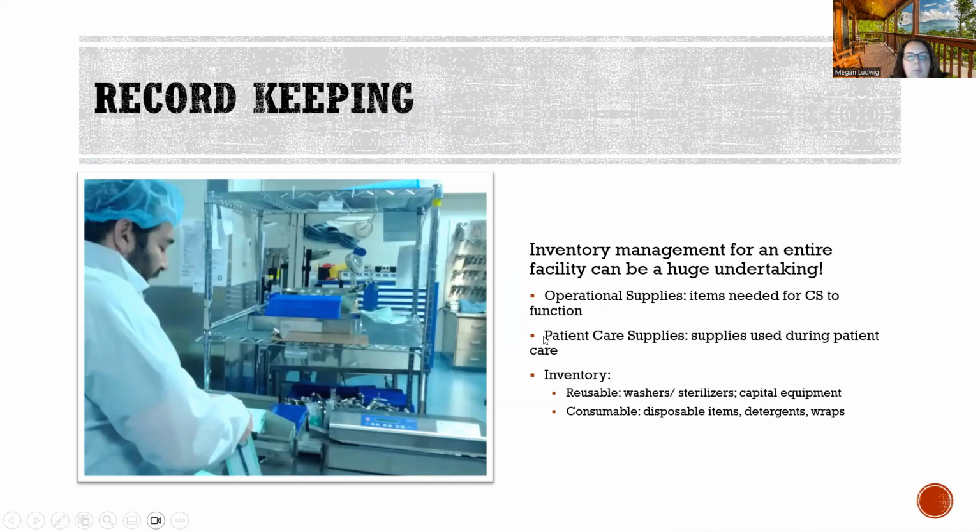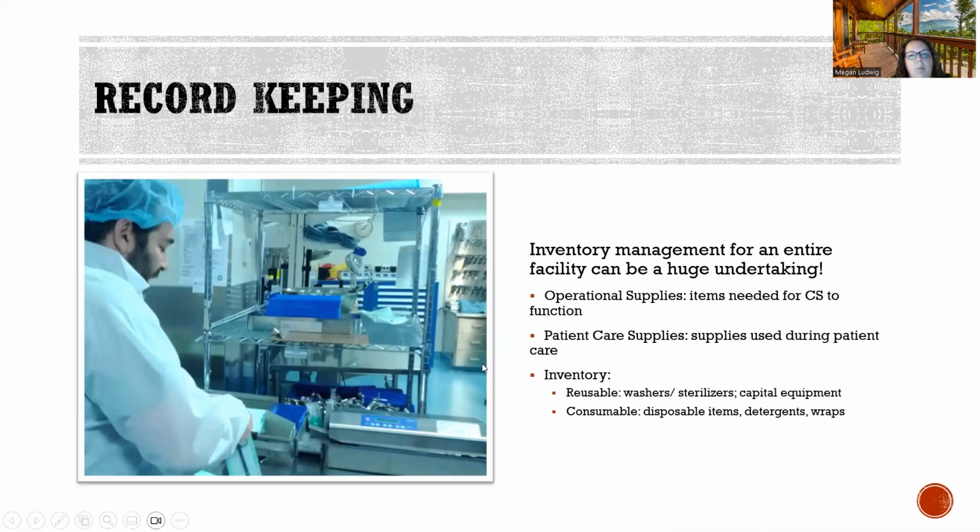There are two main categories of supplies they keep track of: operational supplies and then patient care supplies. So operational supplies are items that the central sterile processing department needs to function, whether it's the wrapping material or pens or the printer paper or whatever it is. And then you've got the patient care supplies that are going to be used during patient care. So you could also break it down by reusable versus consumables.